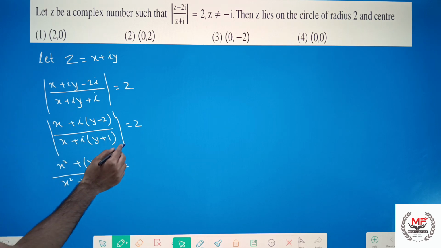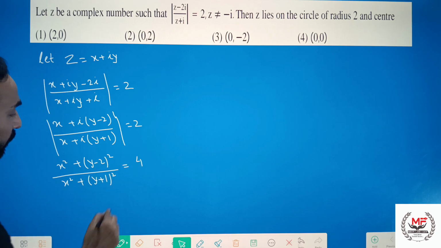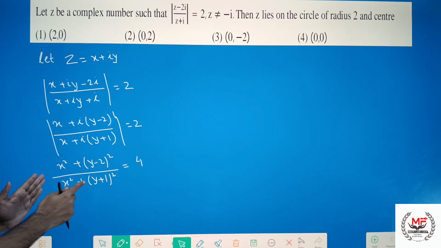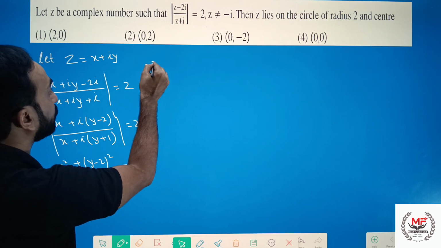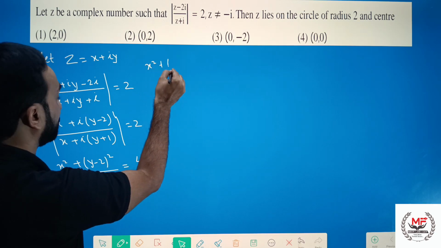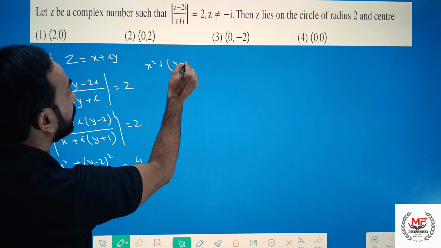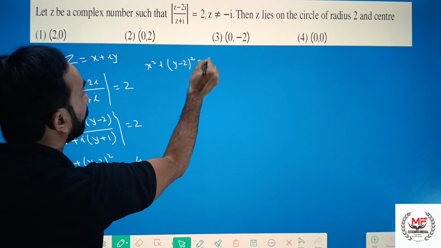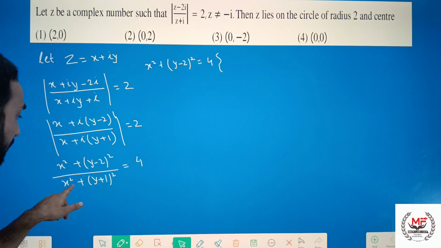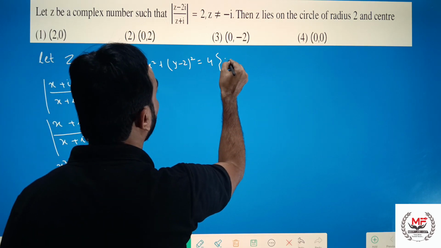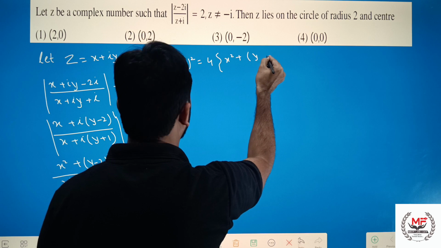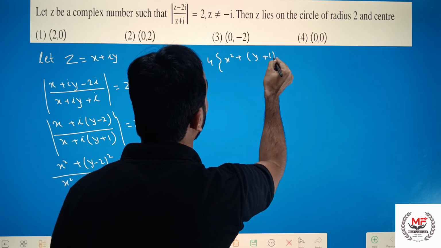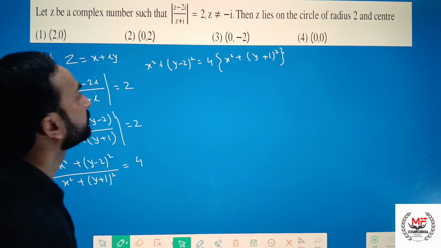And since we have squared both the sides, I can write here 4. Now this denominator part will go on the right hand side, and we will get x square plus (y minus 2) square is equal to 4 times (x square plus (y plus 1) square), right?